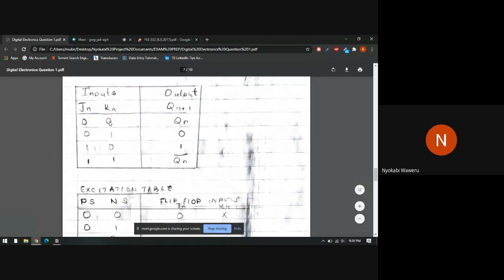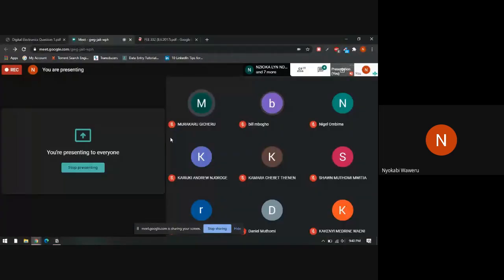So it can either be J is 0 while K is 0, or J is 0 while K is 1. And because K can either be 0 or 1 when J is 0 to come up with previous state being 0, next state being 0, then we say K is a don't care value. It can either be 0 or 1. So that answers your question.